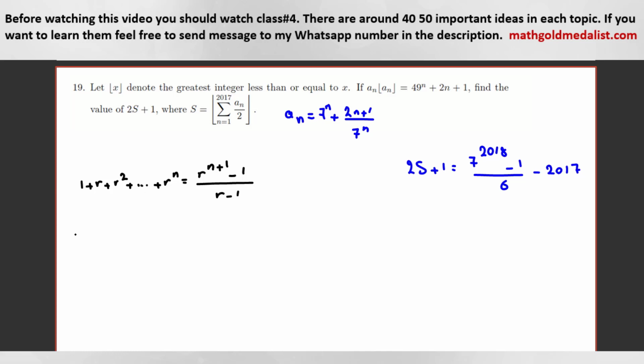Say the first one is 0 times r to the 0 plus 1 times r to the 1 plus 2 times r squared up to n times r to the n. This one is what? Calculate this.